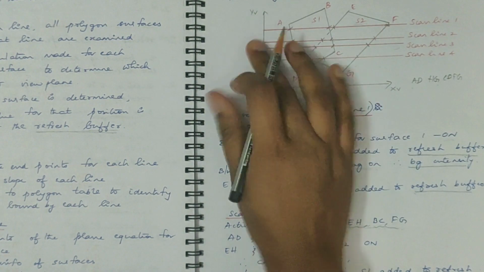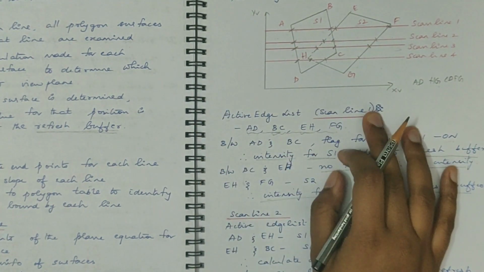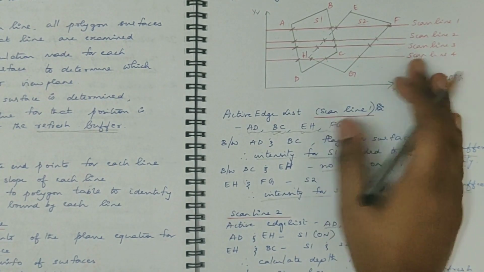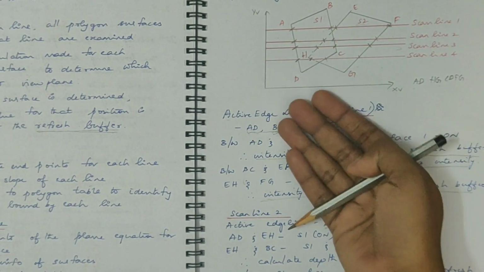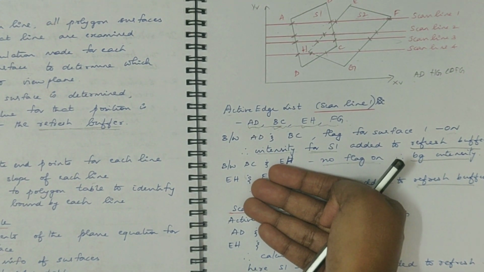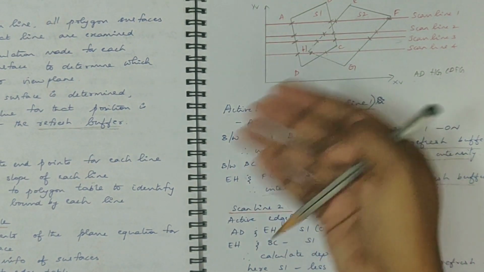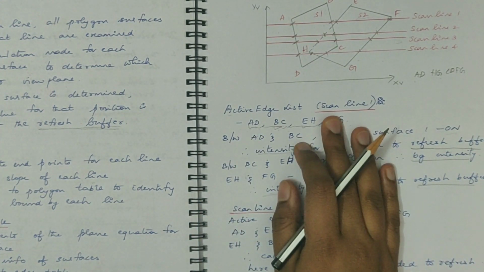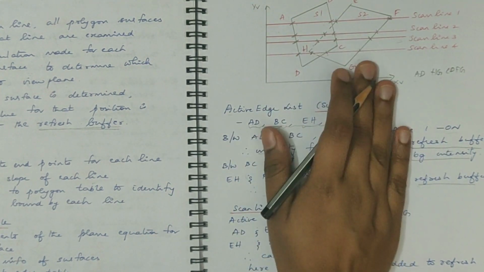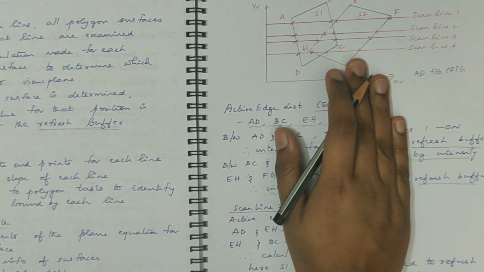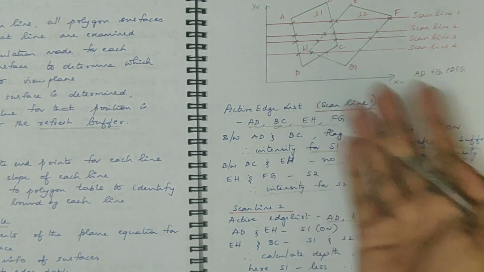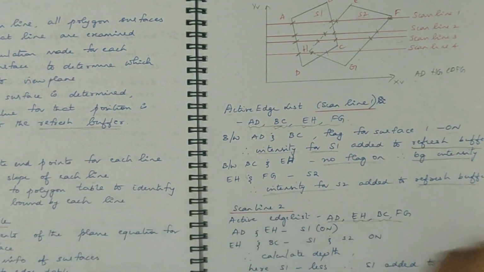Like this, we take each scanline, and the scanlines are processed from left to right. When there is an overlapping surface, you have to calculate the depth value to find out which surface is near. If there is no depth overlap, based upon the surface flag, you add the intensity value in the refresh buffer. This method will work only if there is no overlap.